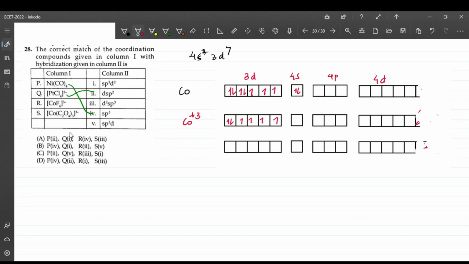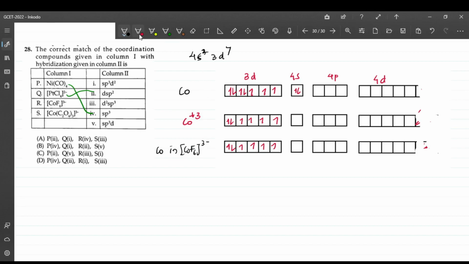The cobalt is linked to fluorine. Now fluorine is a weak field ligand or a strong field ligand? Fluorine is a weak field ligand, right? So weak field ligand means pairing is not going to take place. I am writing this for cobalt in CoF6 3 minus.